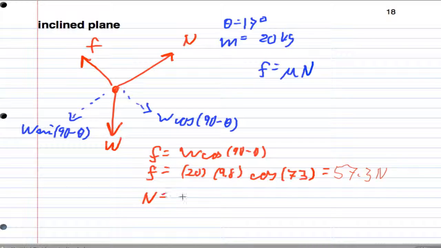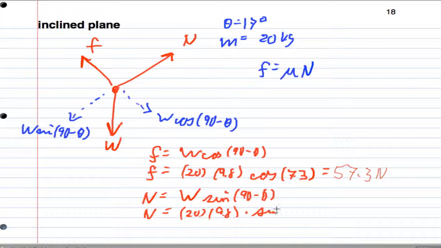Now let's get the normal force. I know the normal force balances the y component of weight, and so I'm going to end up getting that the normal force is 20 times 9.8 times the sine of 73 degrees. And when I do that, my normal force is 187.4 newtons.